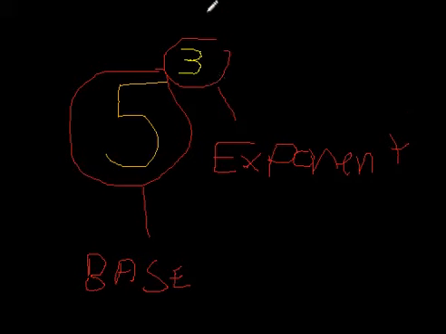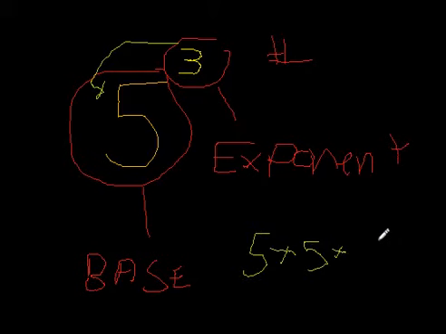What the exponent does is it tells you the number of times you multiply your base. So in this example, the 3 tells you to multiply 5 by itself 3 times, like I did before, 5 times 5 times 5.